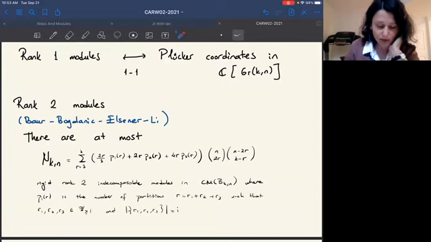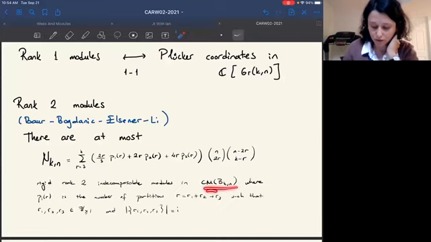So they say that, so this looks complicated. We don't really have to understand what this formula is, but there is a number. And then they say that there is at most this number of rigid rank 2 indecomposables in the nice module category of this algebra that I described. I think Eleanor also talked about this.